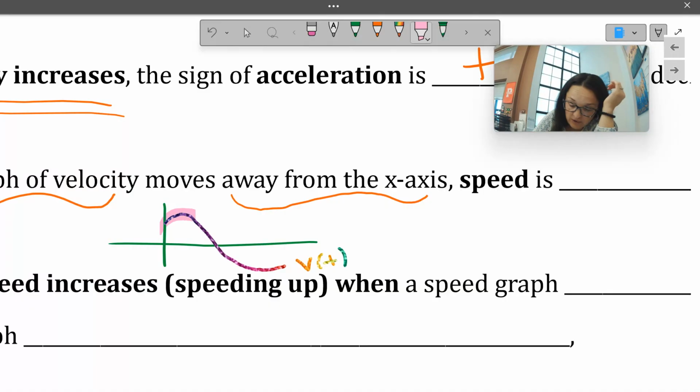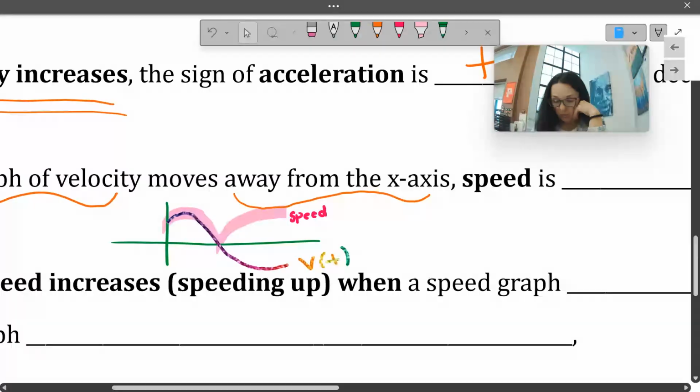So this is velocity that's already positive, so the speed is positive. This stuff down on the bottom where velocity is negative is going to reflect up. And so now this pink curve that I just made, that's the speed curve.